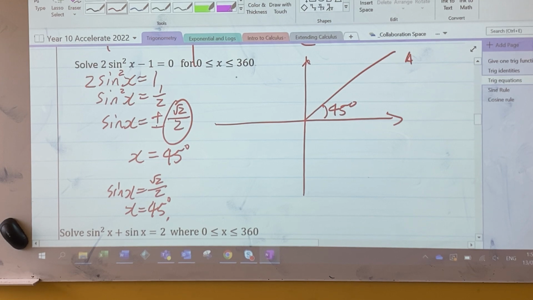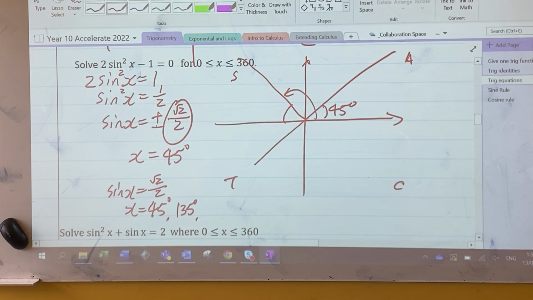That's ASTC. And in which quadrants is sine positive? First and second. So that's 45, and this one is going to be 45. So it's going to be 135. So two angles there.